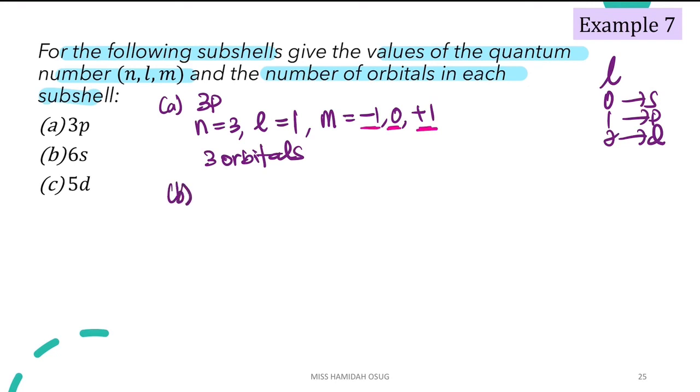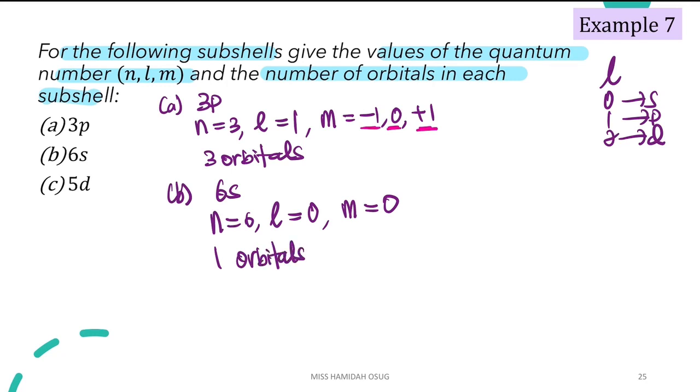Next, for question B, subshell 6s, so meaning to say n will be equal to 6, L will be equal to 0 because it is an s orbital. So when L is equal to 0, the value of m should be 0. So there is only 1 orbital for subshell 6s. And then the last subshell is 5d.